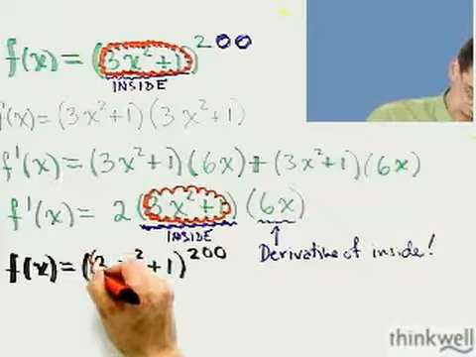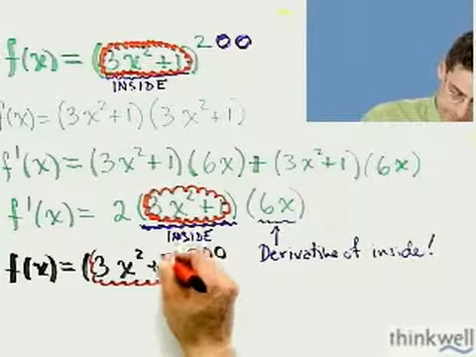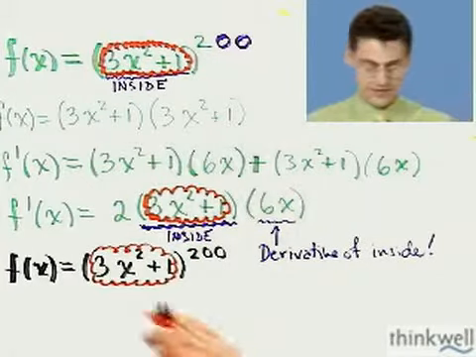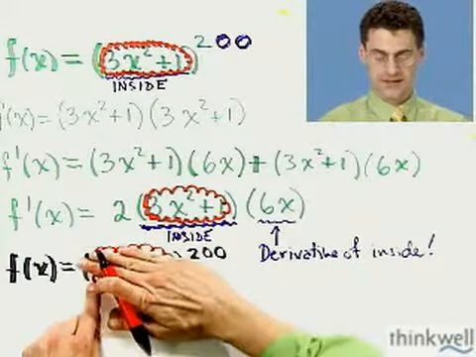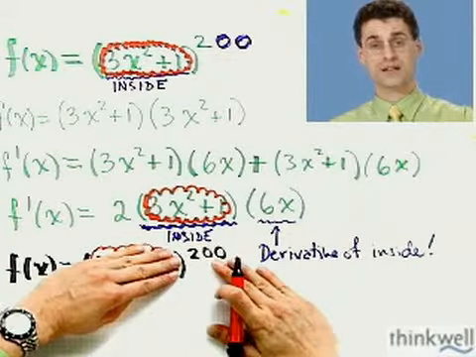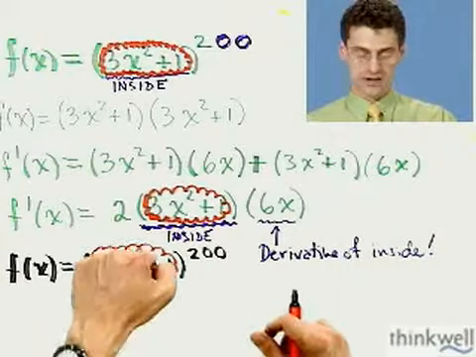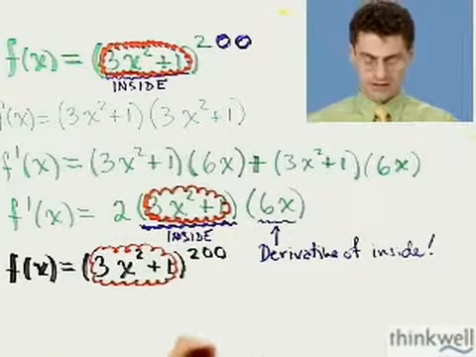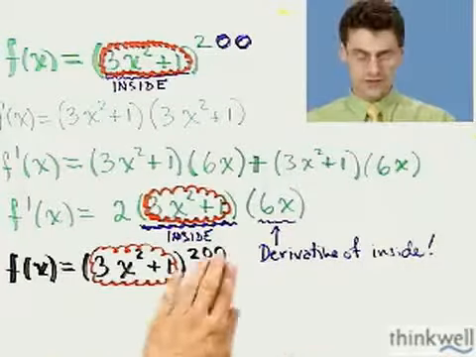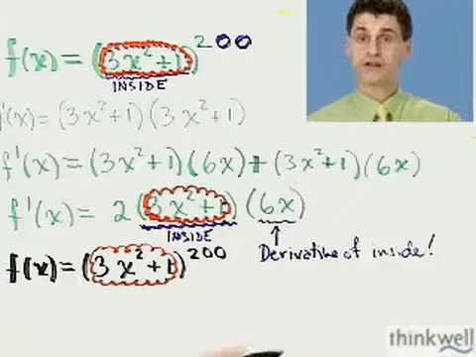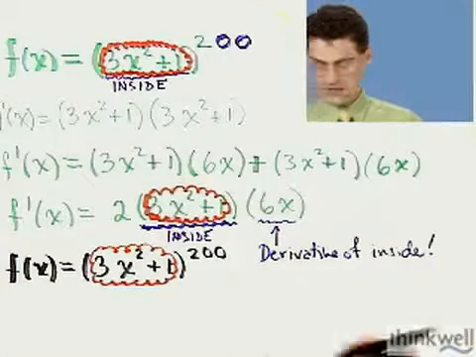I notice that this thing in here is the inside of something, and then I have an outside. So I treat this whole thing as one big blob. And I say, what's the derivative of blob to the 200 power? And the answer is, well, you bring down the 200, 200 blob to the 200 minus 1 power.